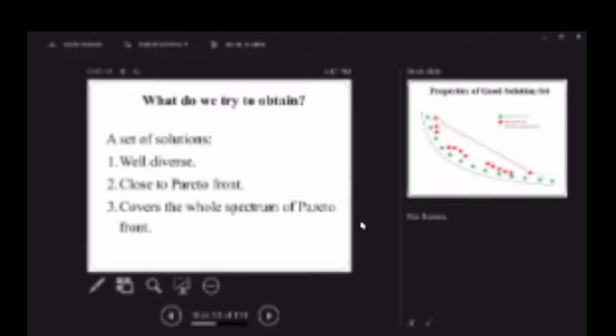Now the next part: how to solve a real multi-objective optimization problem. What are the steps for solving it? These 3 points are the most important when you want to design an algorithm for a multi-objective optimization problem, or any mathematical technique for solving that problem.